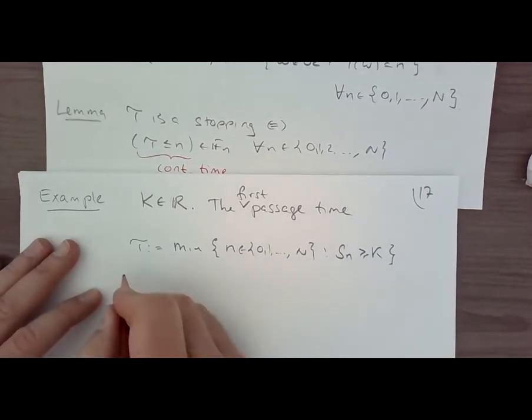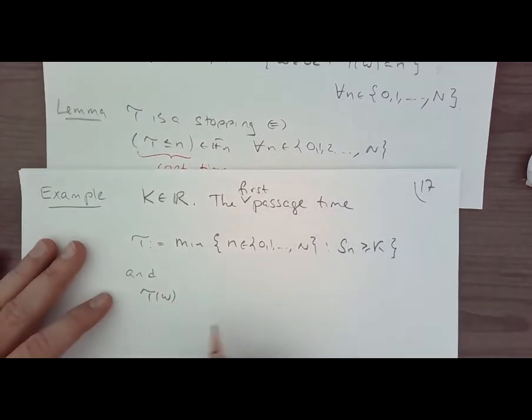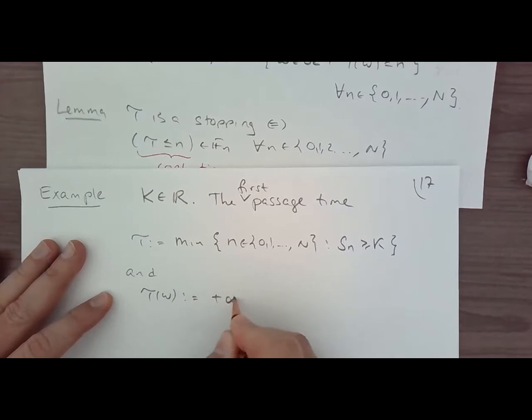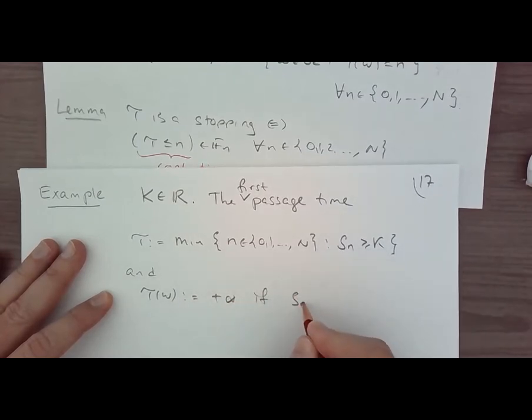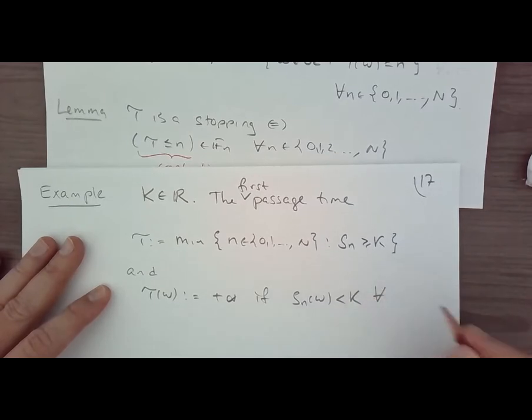And then of course we also have to say what happens if it never gets to be above k. Well, then we define this to be plus infinity if the stock price is less than k for all n.